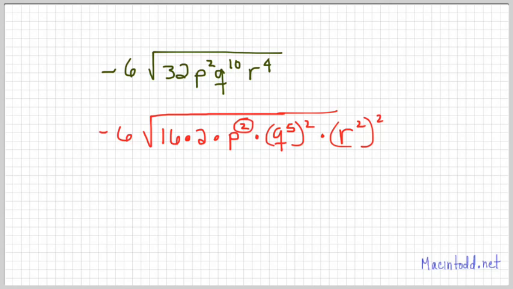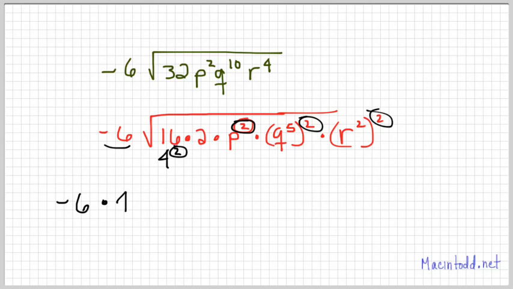And again, these are what I'm looking for. Perfect square, perfect square, perfect square. Even 16 is a 4 squared, a perfect square. And so I can square root those. And here's what I've got. On the outside I got my negative 6 already. It's going to be times everything I take out.